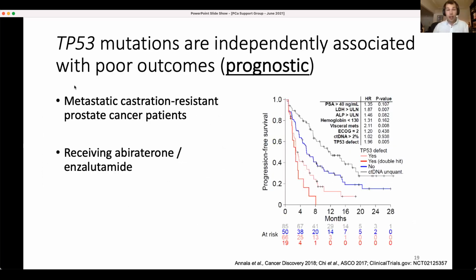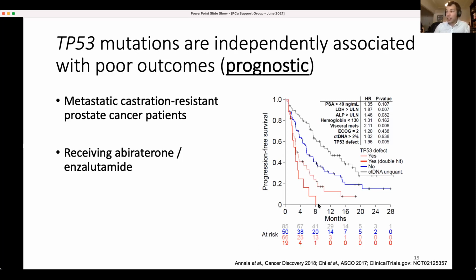The final prognostic marker I'll talk about is one that our lab and others have been looking at very closely, which are DNA mutations in a gene called TP53. So in patients with metastatic prostate cancer, whether or not we detect one of these mutations gives us some important information about how well that patient is likely to do.